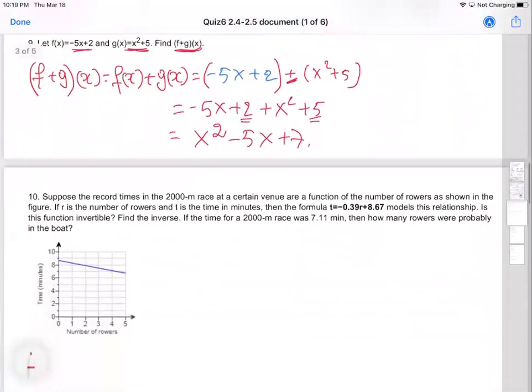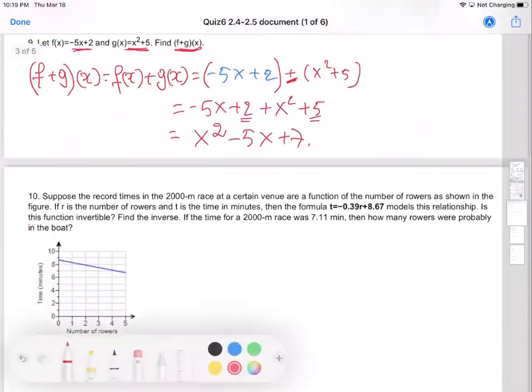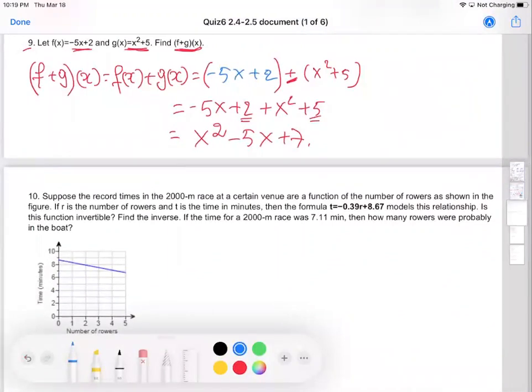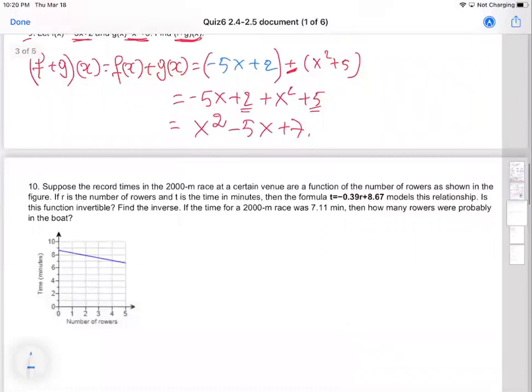Number 10. Suppose the record times in the 2,000-meter race at a certain venue are a function of the number of rowers as shown in the figure. Okay, so we're given the graph there. The blue line is the graph.